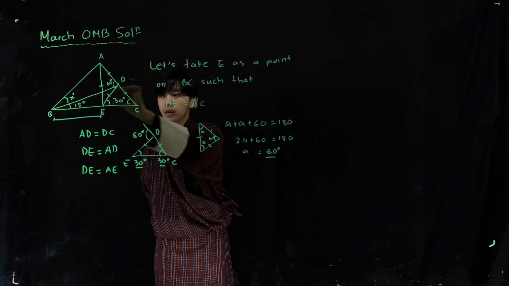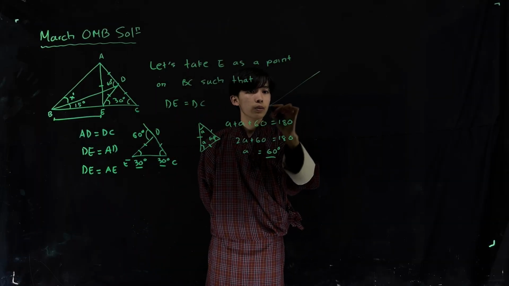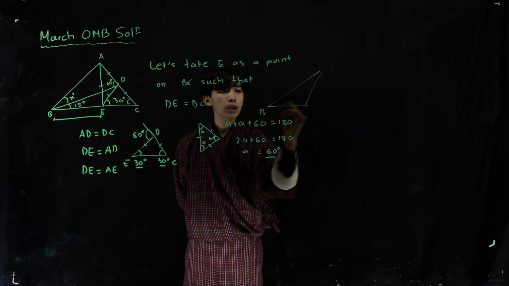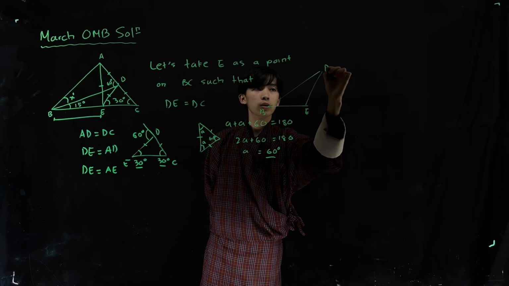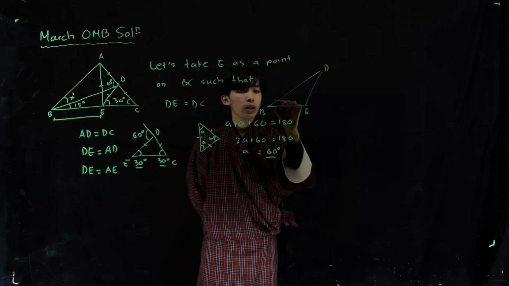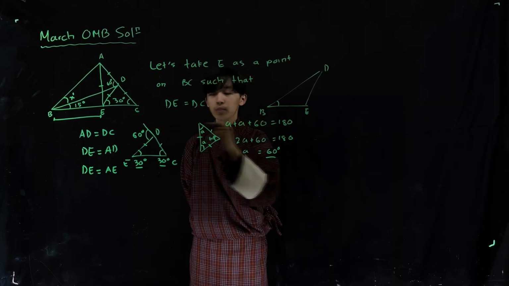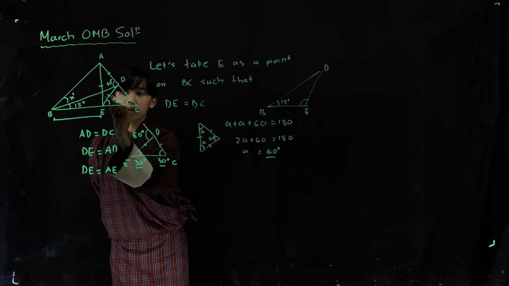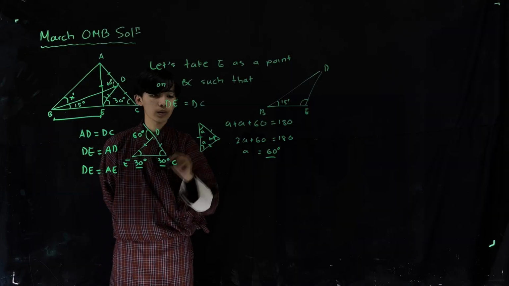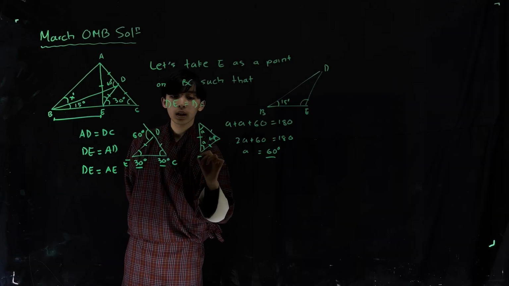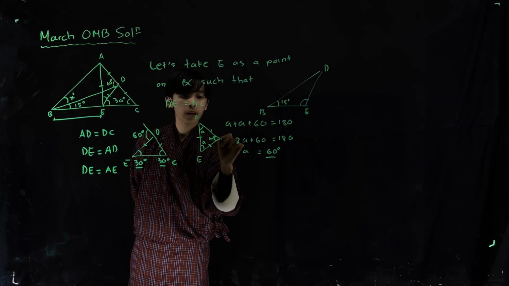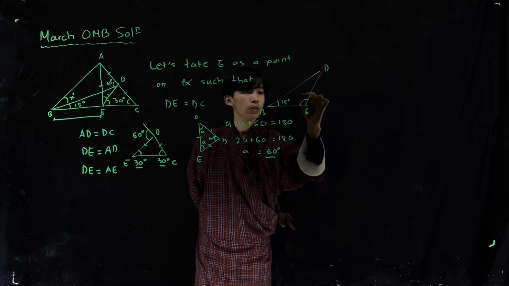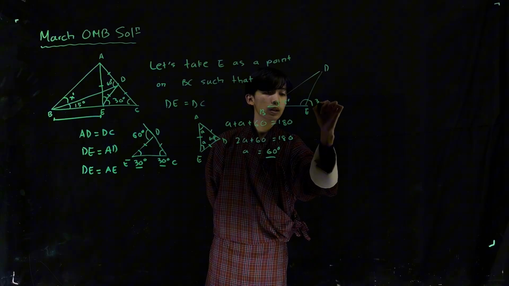So let's take this obtuse triangle out. We will have the points B, E, and D, so this is the triangle BED. Now we know that the angle B is 15 degrees. We know that this angle is 60 degrees, which we got from the triangle AED, and this one here is given as 30 degrees.